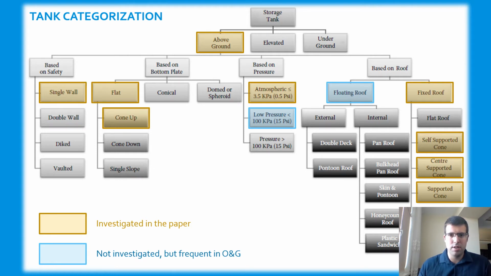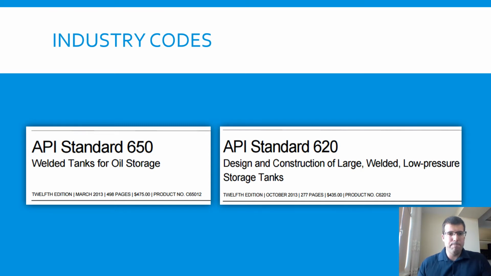There are other tanks that are utilized in the oil and gas industry, but they are not investigated in this paper. Namely, that would be the floating roof tank, which is utilized in the oil and gas industry quite extensively. However, we have not considered that in this paper.